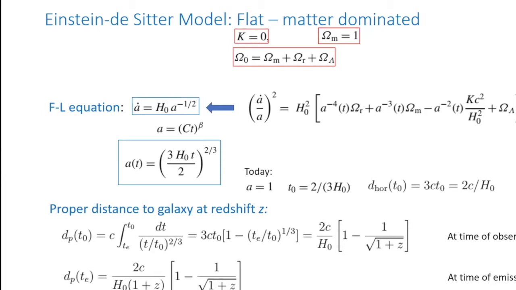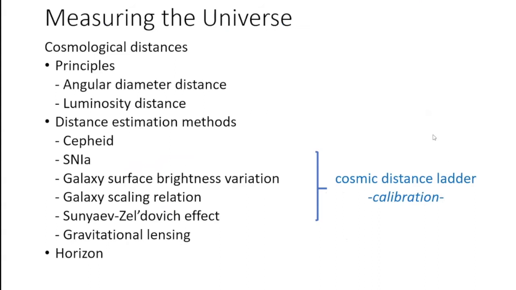Now, those calculations look very nice. You could put in numbers and crank the values. But the problem is, those are just models. They don't necessarily represent the real universe.